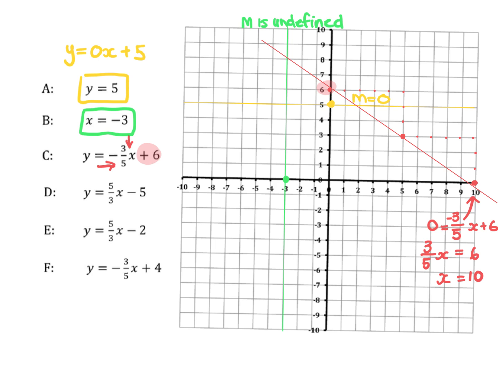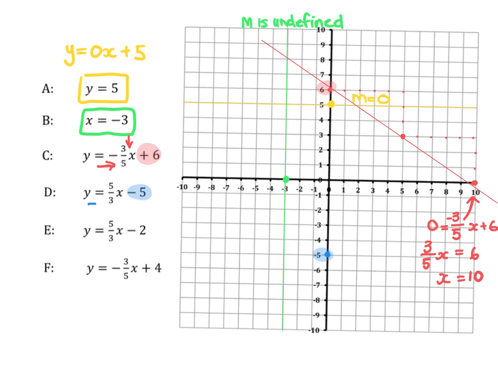Let's also have a look at the next one, at D. So here, once again, if I make x equal to 0, I can see that my y value equals negative 5. That is my y-intercept. And I can go and plot that first point on the graph because I know it cuts my y-axis at negative 5.